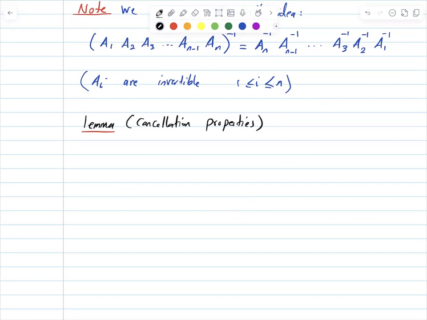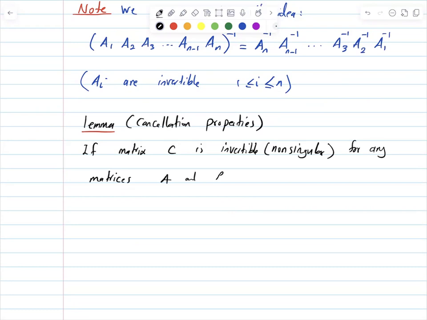If C is an invertible matrix, if matrix C is invertible, or as we mentioned, non-singular, it means that it has an inverse, for any matrices A and B, we have the following.